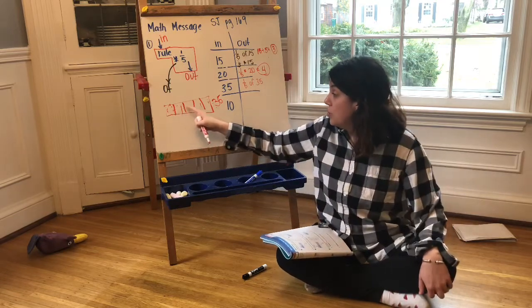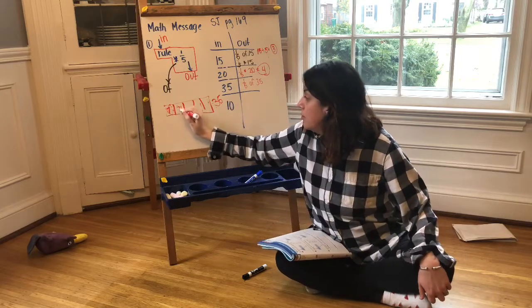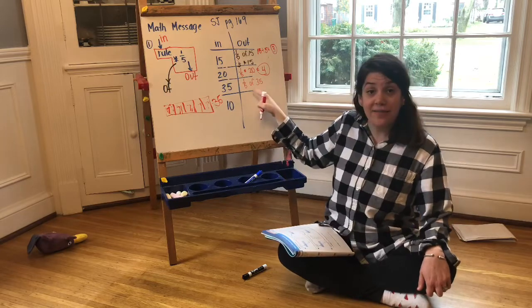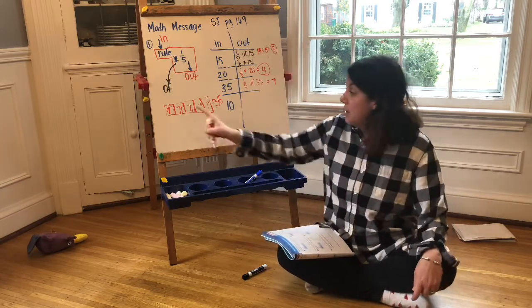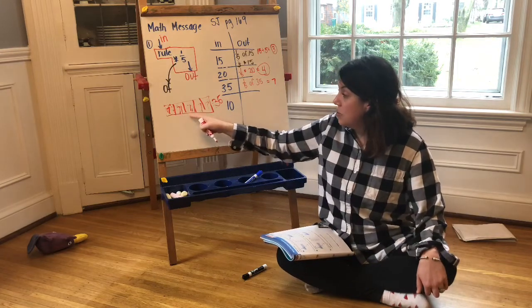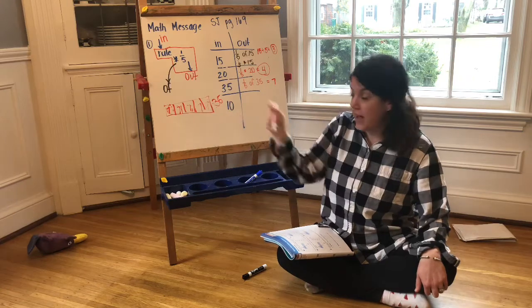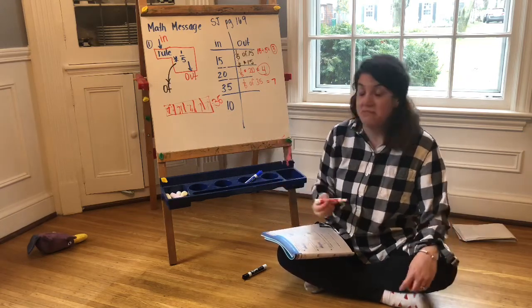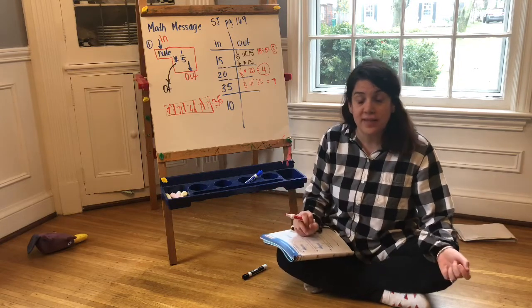So 1, 2, 3, 4, 5 groups, I know would be 7, because 35 divided by 5 equals 7. 7, 14, 21, 28, 35. Okay, so now Elsa's got 10 people in her castle and she wants 1/5 to leave.